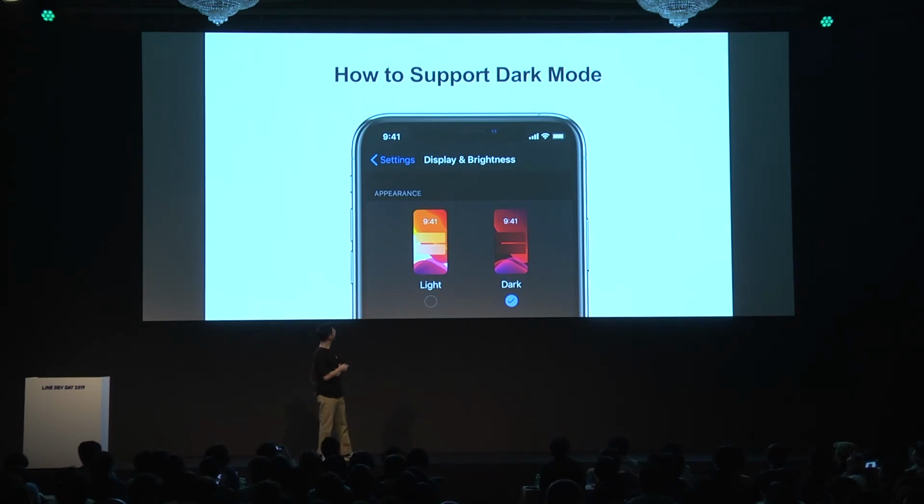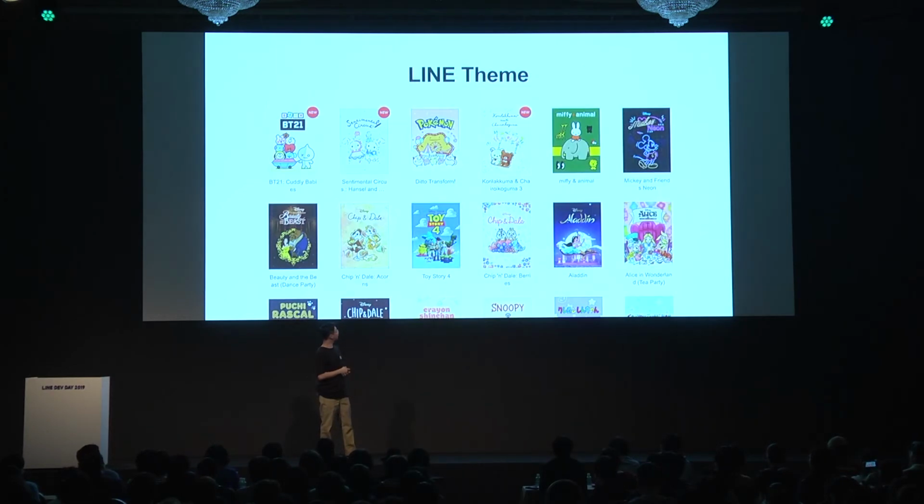The big thing has rolled out, which is dark mode, right? So we need to think about dark mode as well in the color system. Actually there is a TF who is in charge of dealing with the new feature from each platform, which is iOS and Android. And this year, the top priority is dark mode. We also think about Line themes at the same time, right?